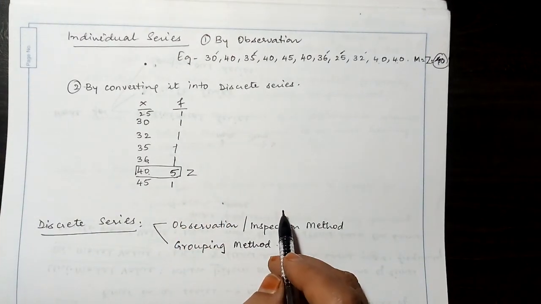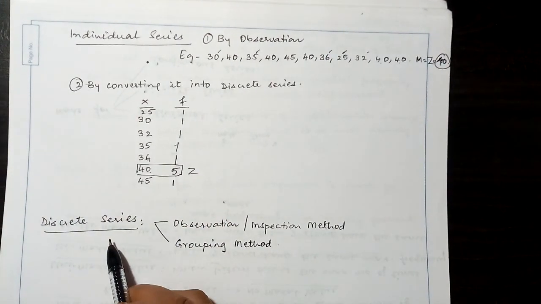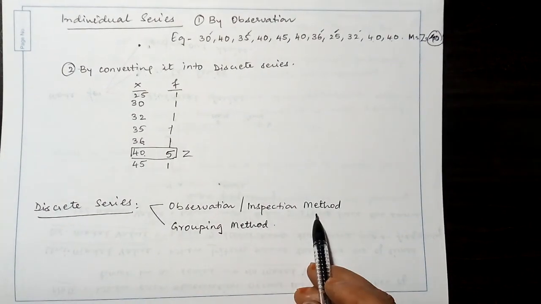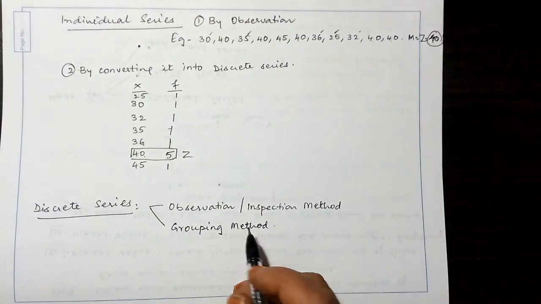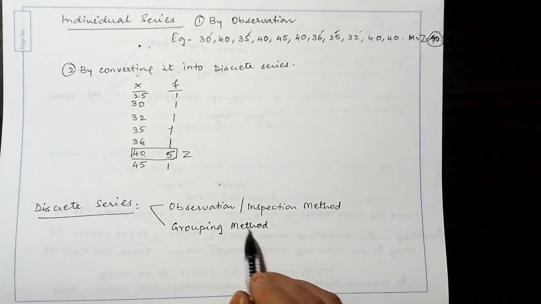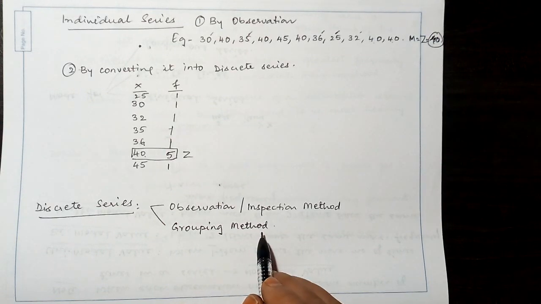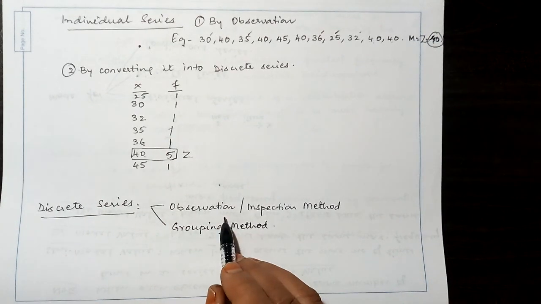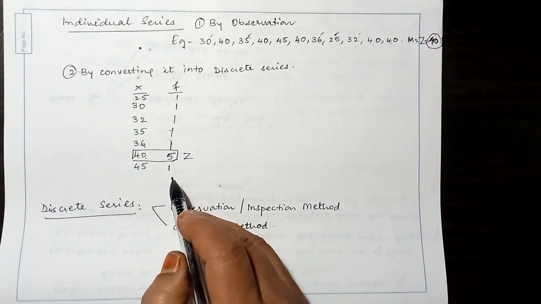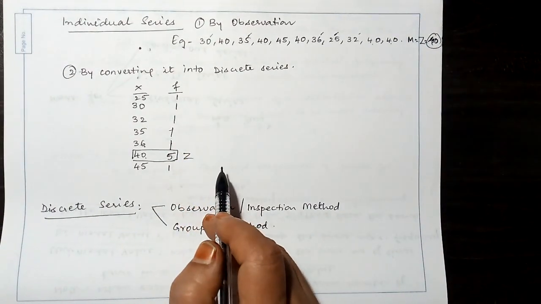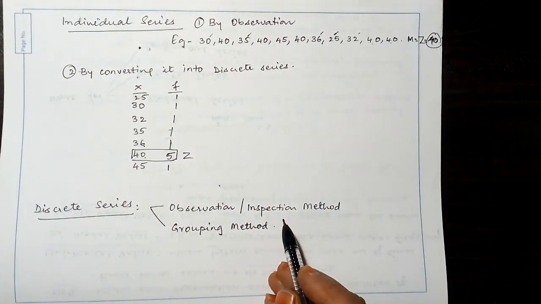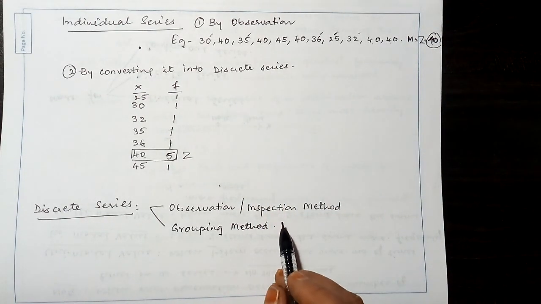Now for a discrete series, we can either do it by the observation or inspection method, as we did just now for the individual series, or by the grouping method. Now this is what we need to learn over here. This is new. For observation and inspection, if you have a large number of observations you can plot the frequency; if there are fewer observations, then just by observation or inspection you can find out the mode.